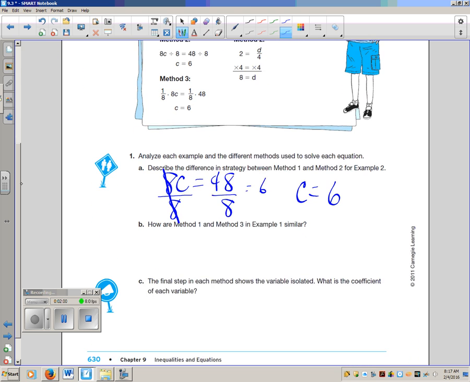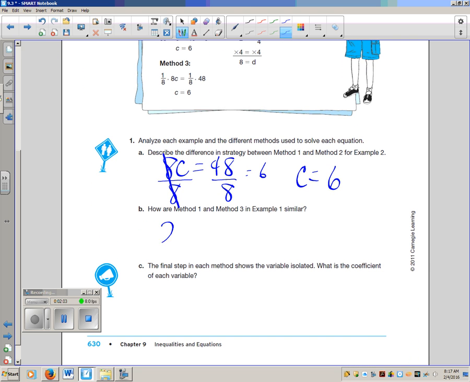For the second one, 2 equals d divided by 4. We have to get the d by itself. The d is being divided by 4, so the inverse would be to multiply by 4. I want you to write it like that. If you want to put the 1 there, you can.